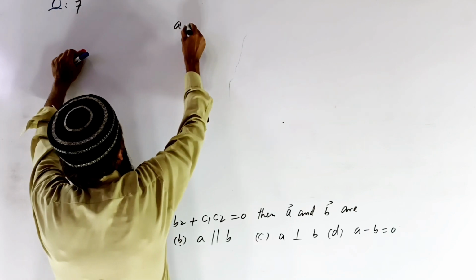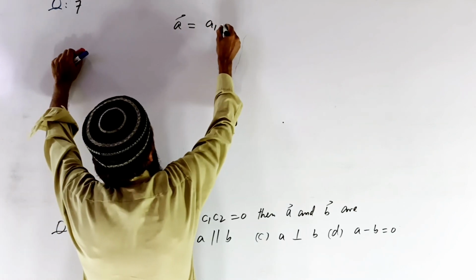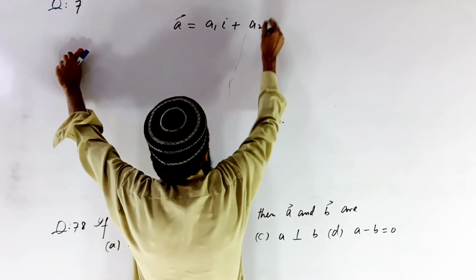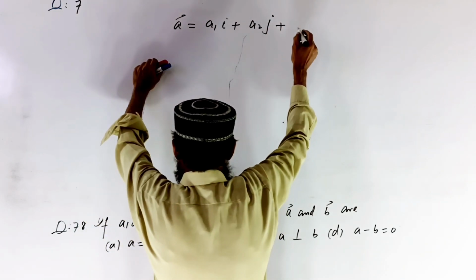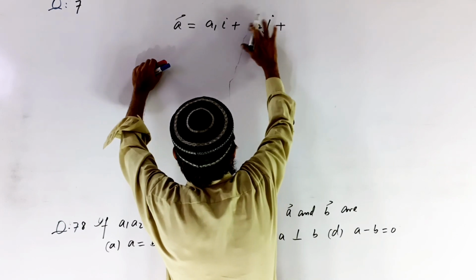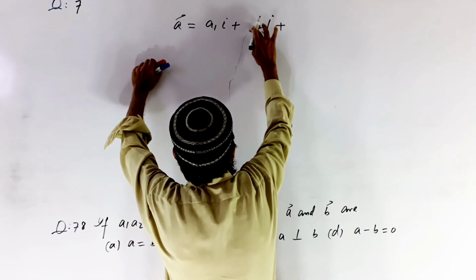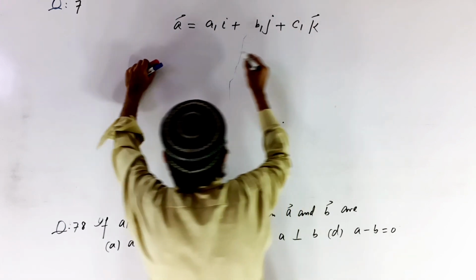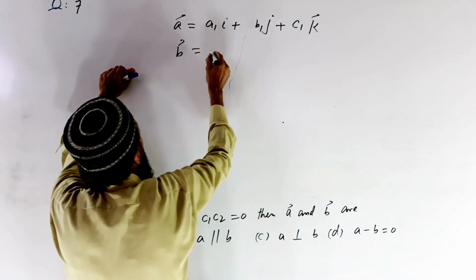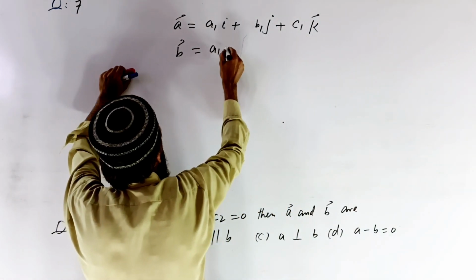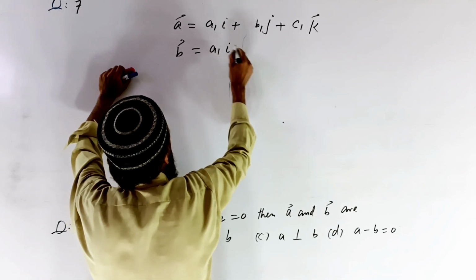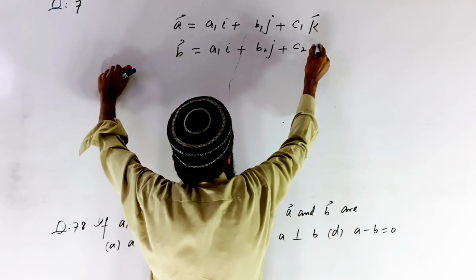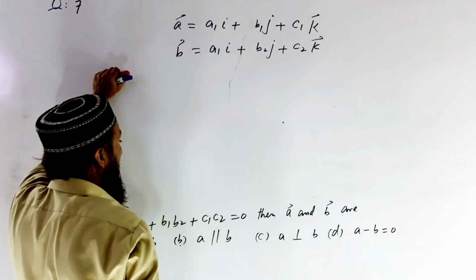So for example, if A is equal to A1 i plus A2 j plus A11 k, similarly, B is equal to B1 i plus B2 j plus C2 k.